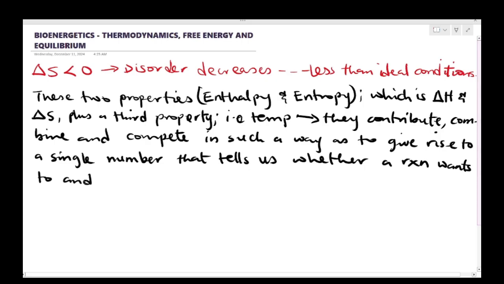That single number they generate is actually what?